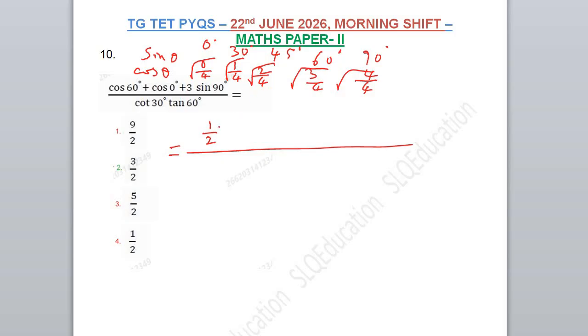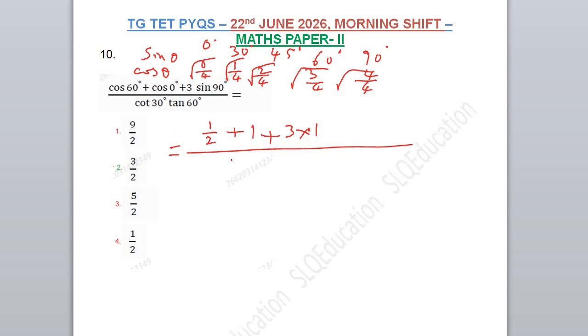Then next one is cos 0, which means sin 90. Sin 90 is 1, plus 1. If you reverse all these values, first, second, third, fourth, fifth, you will get the cos values. So this is 1 plus, next one is 3 times sin 90. 3 into sin 90 is 4 by 4, square root means 1.